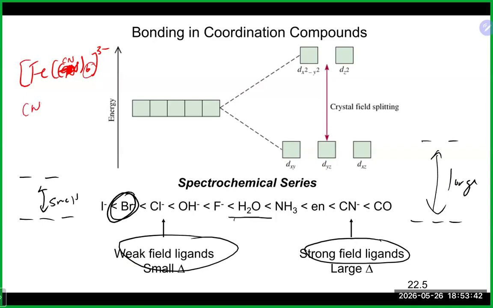So this is a coordination number 6, which is going to give us our octahedral splitting, which is what we're looking at here. Our CN is -1, and there's 6 of them, which gives us a -6. Overall, it's -3. That means the iron is +3 in this case.